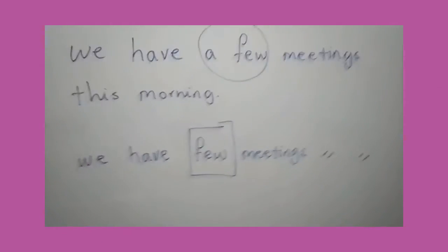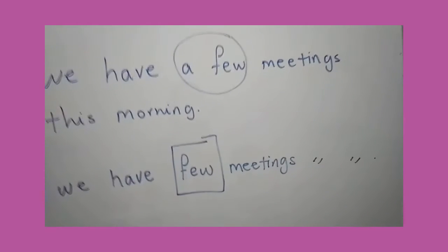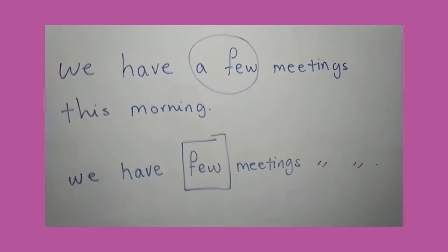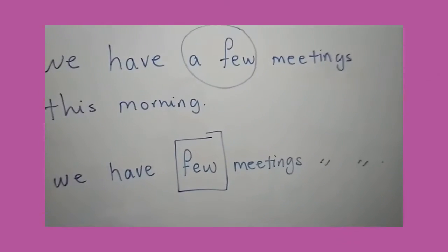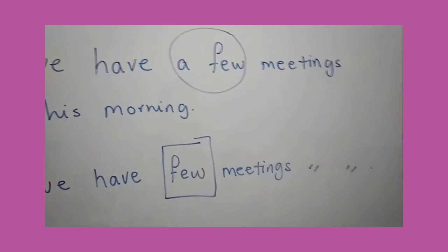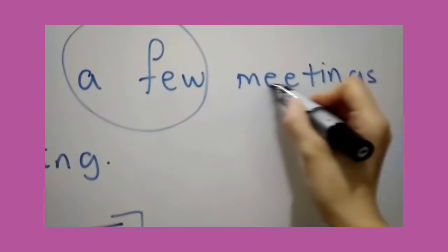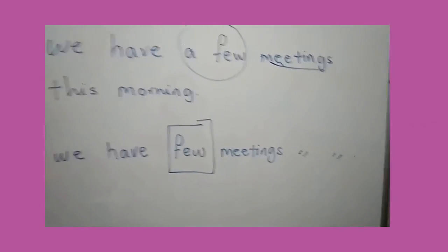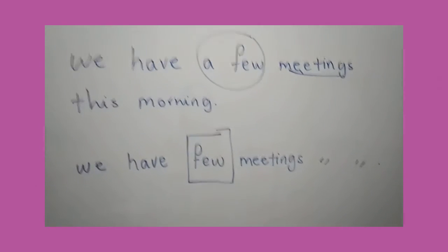So if you want to use "a few" or "few" in a sentence, we need to make sure that the word that comes after is countable. What is the word coming after? Meetings. And meetings here is a countable noun, a noun that we can count.